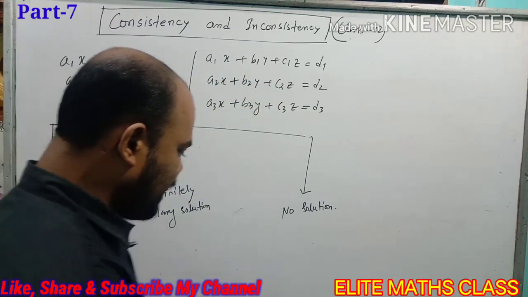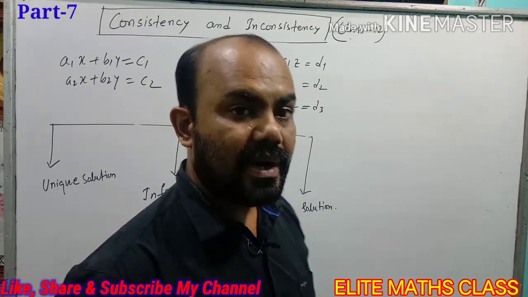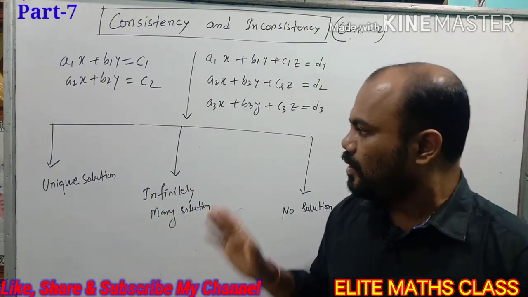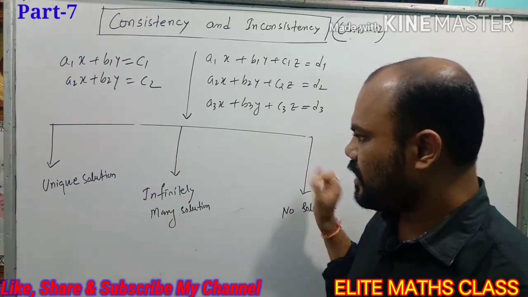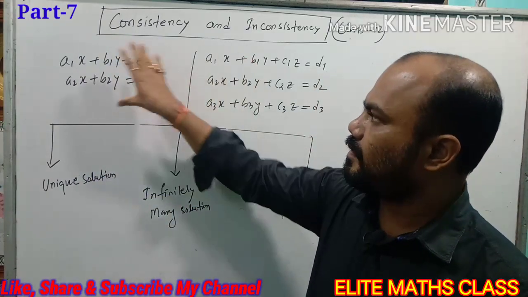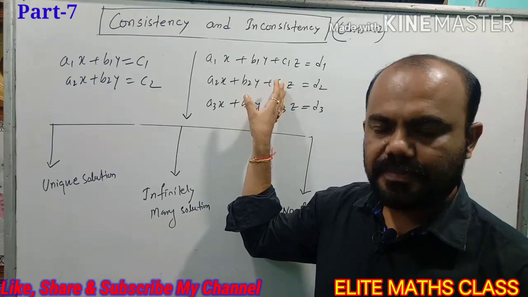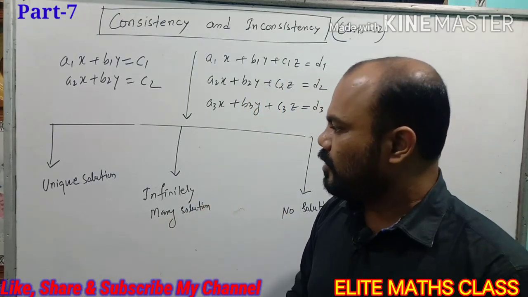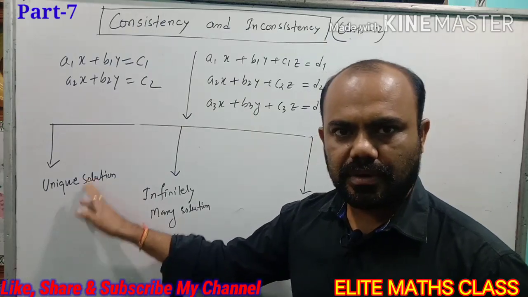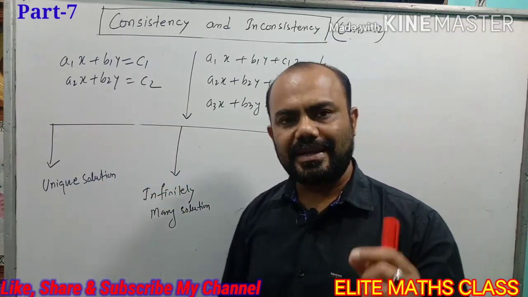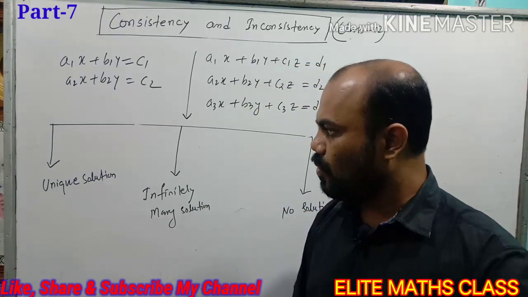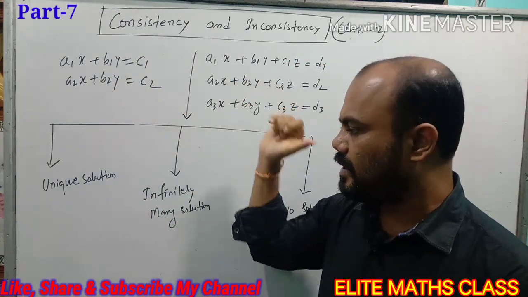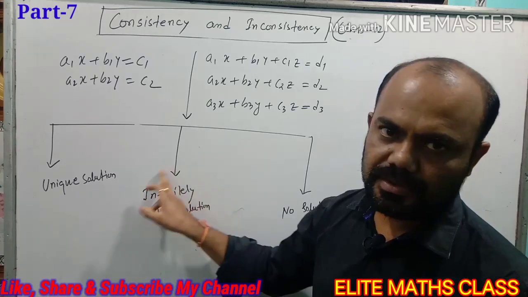Now what comes next is what is consistency and inconsistency of a system of linear equations. To define that, see this structure. For any system, either for this system or for this system, if you solve the system, then you may get a unique solution. That is, there will exist only one solution. Another case, this set or this set may have infinitely many solutions.